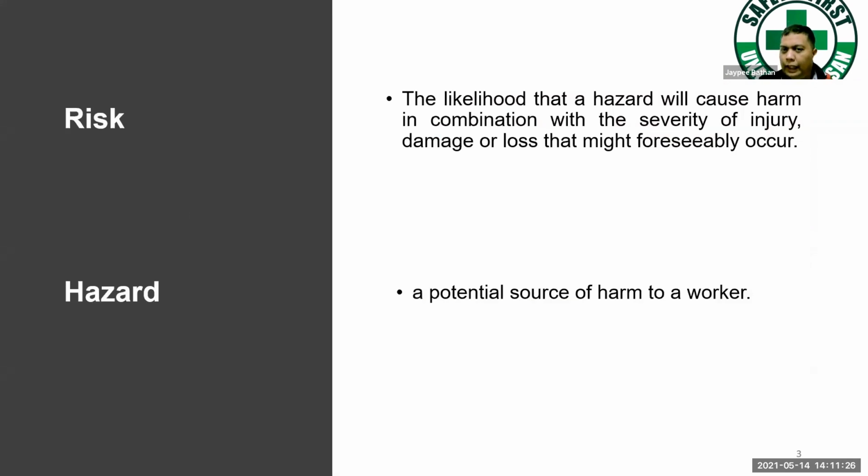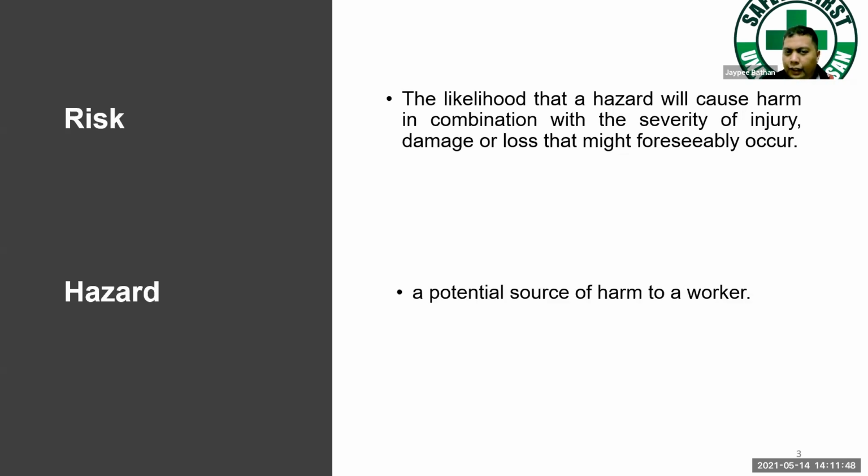Risk is the likelihood that a hazard will cause harm, and a combination of the severity of injury, damage, or loss that might foreseeably occur. It's a combination of likelihood and severity. And what is a hazard?